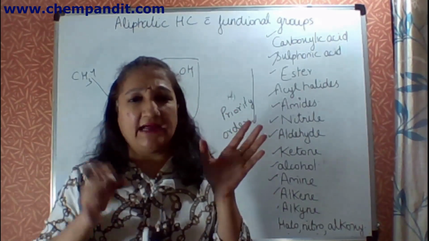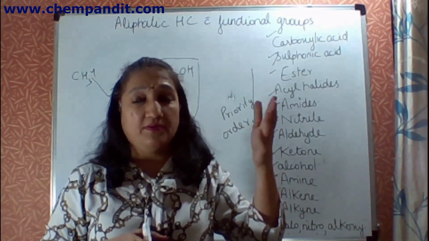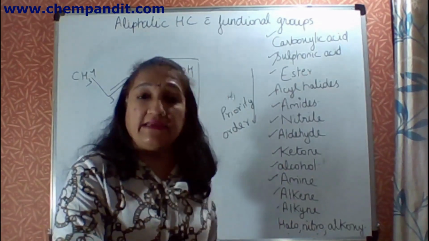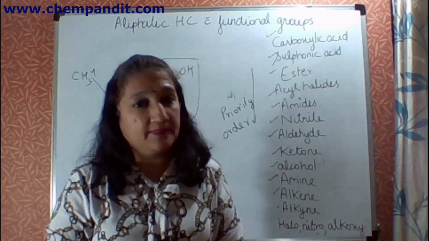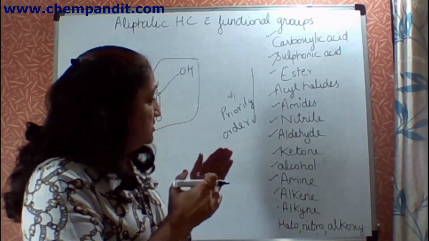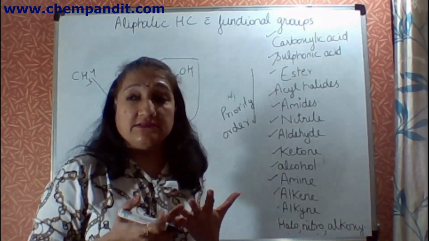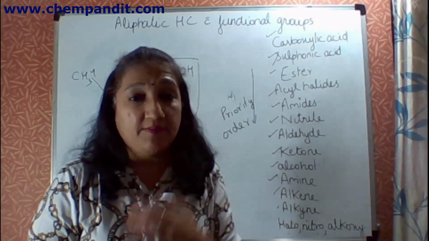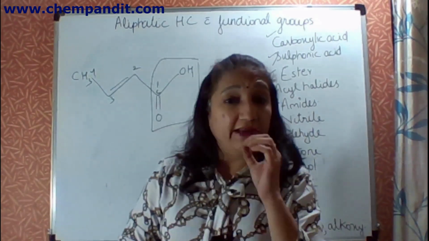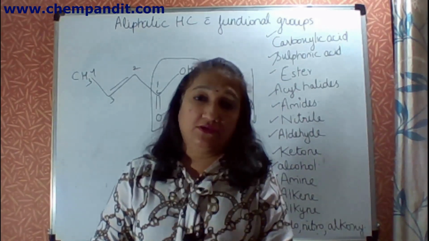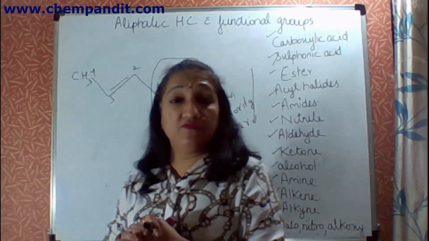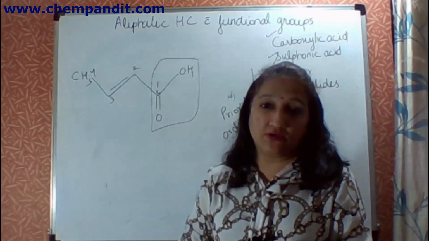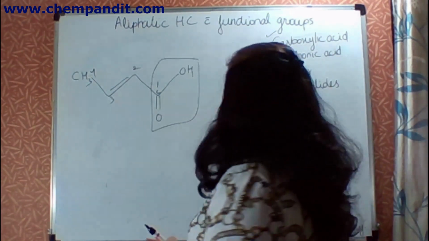You will get an idea that carboxylic acid is at top, then aldehydes, ketones are somewhere in the middle, and alkenes, alkynes are at the bottom. Clear? The more you practice nomenclature, the better hold you get on it. You will find it very easy and not confusing at all. Clear?